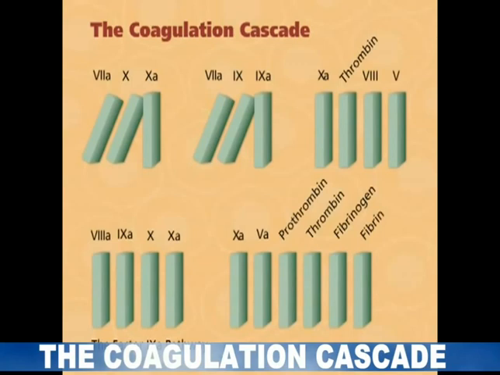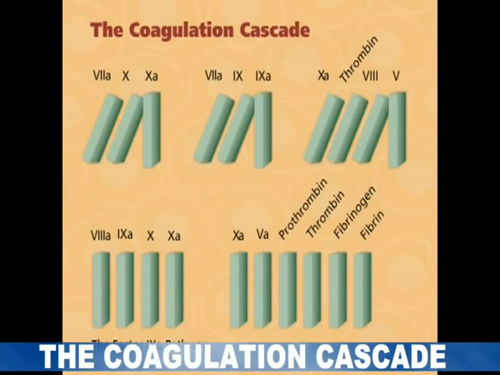Further factor 10A, to allow hemostasis to progress to completion, can now only be generated by the factor 9A pathway. By this stage, though, enough thrombin has been generated by the factor 10A to activate factors 8 and 5, which both act as potent catalysts.